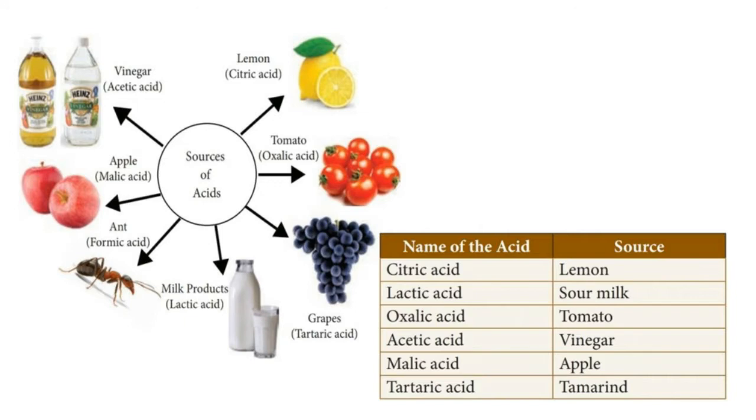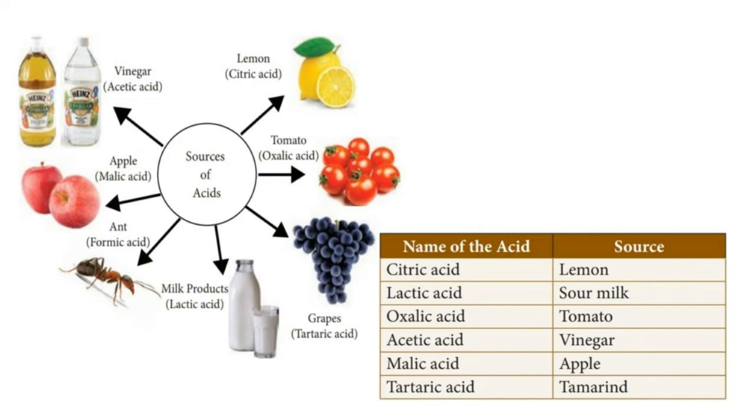Next, lactic acid. The source of this acid is sour milk. Then, oxalic acid is from tomato. Acetic acid is from vinegar. Malic acid is from apple. Then, tartaric acid is from tamarind.